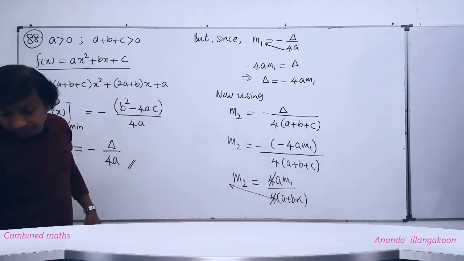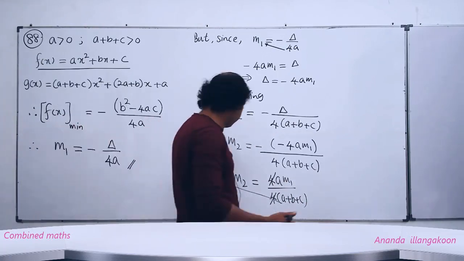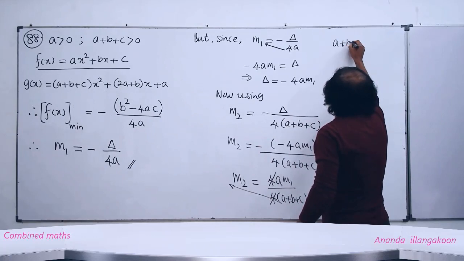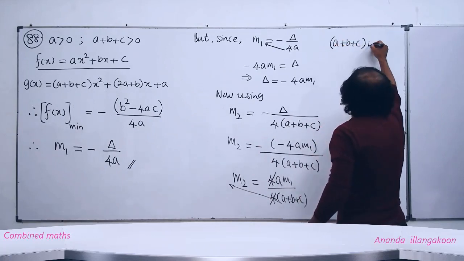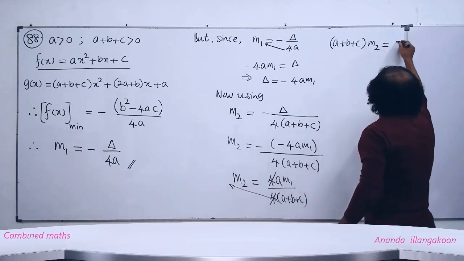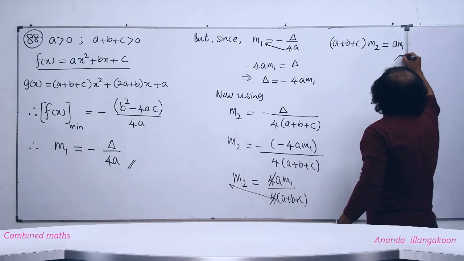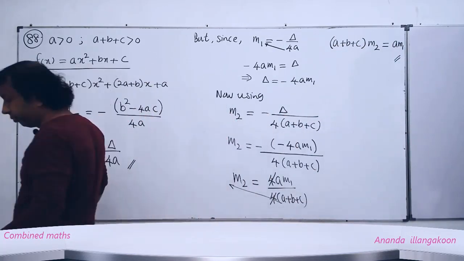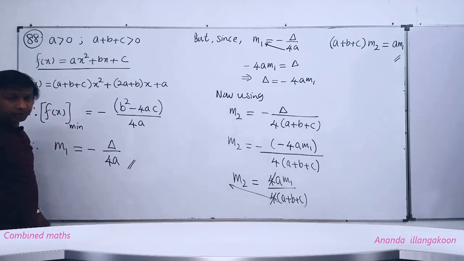Okay, then people will get that answer. What do you get there? a plus b plus c times m2 is equal to am1. This answer we got, am1. Correct, no? Yes.